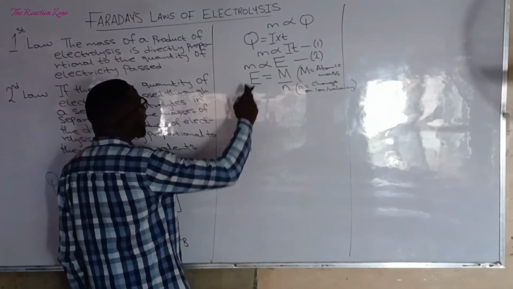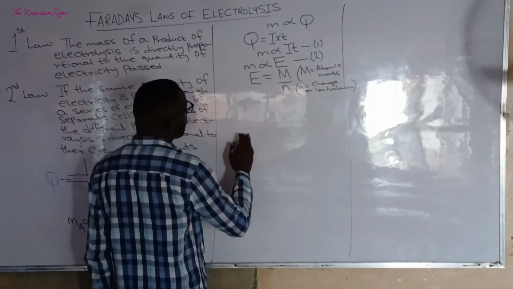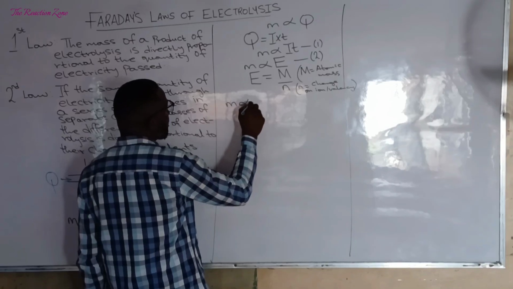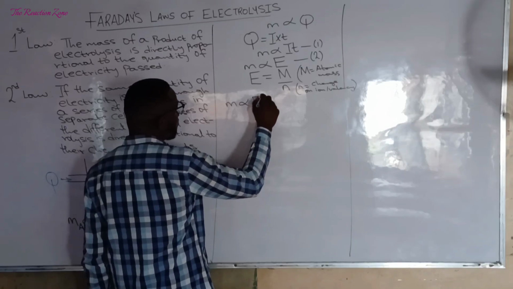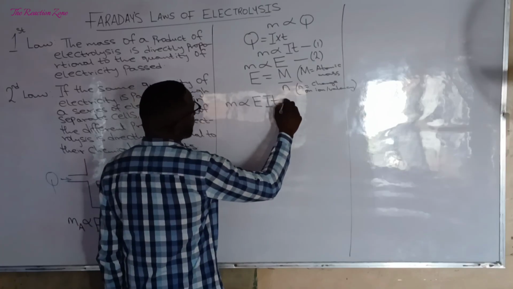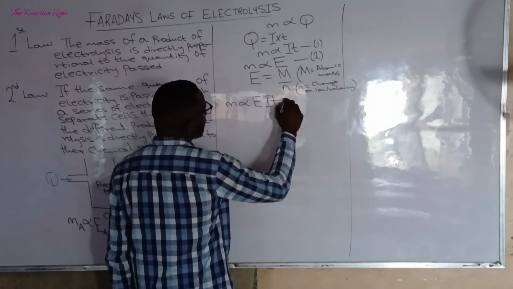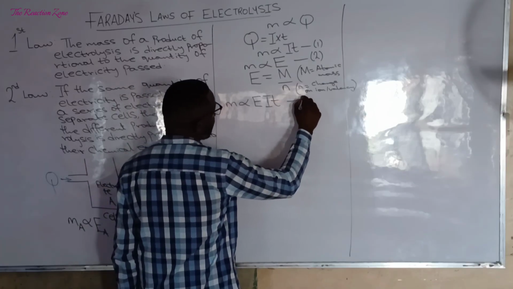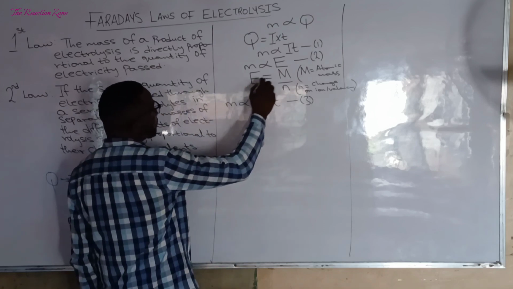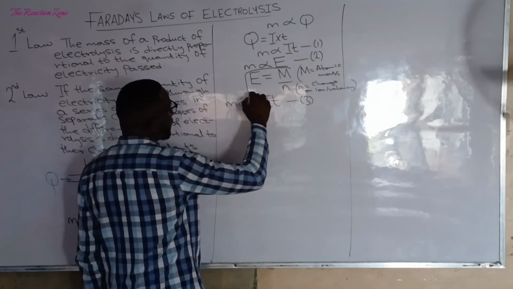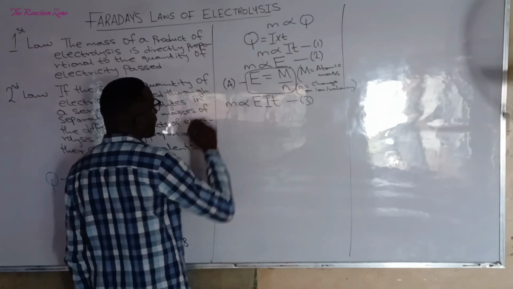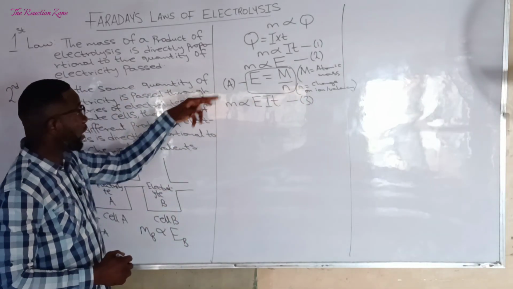Now, if I combine equation 1 with equation 2, I would simply have m is directly proportional to EIT. So we can call this, for instance, equation 3. Now, this particular expression that is here, where E is equal to M over N, I can call it equation A, because I'm still going to come back to it.